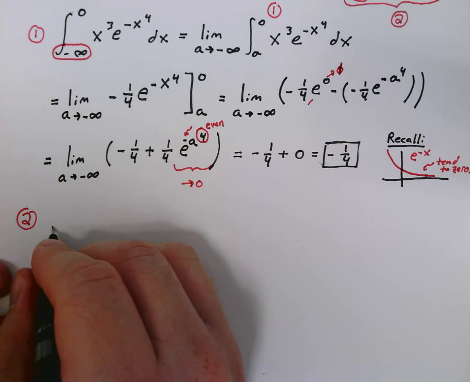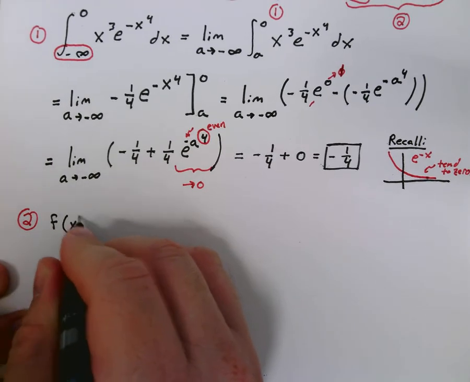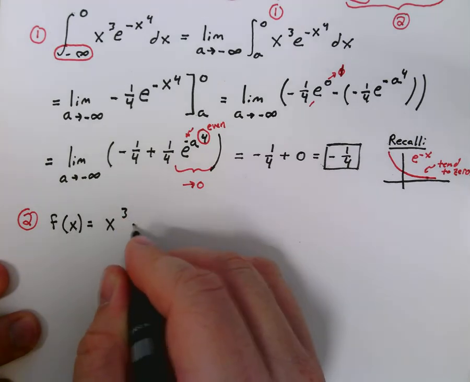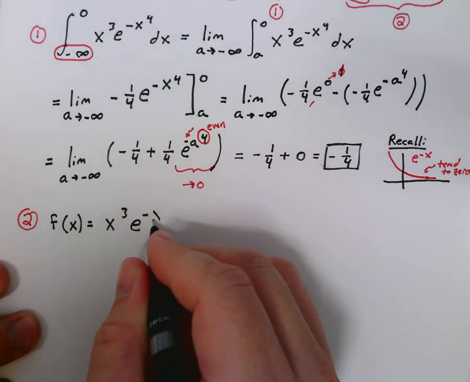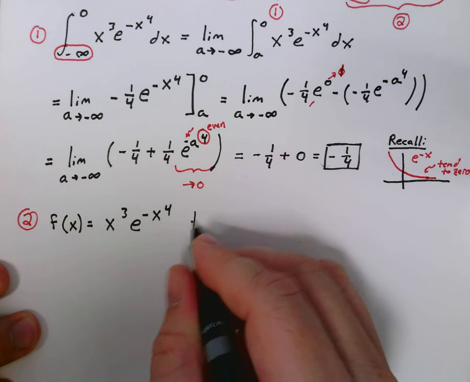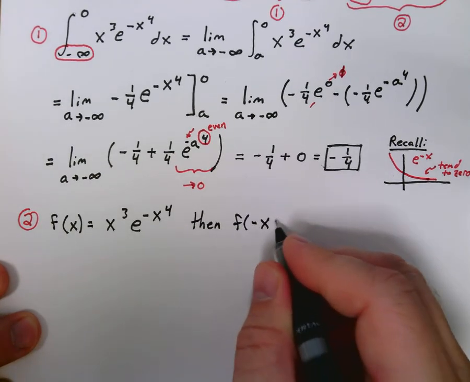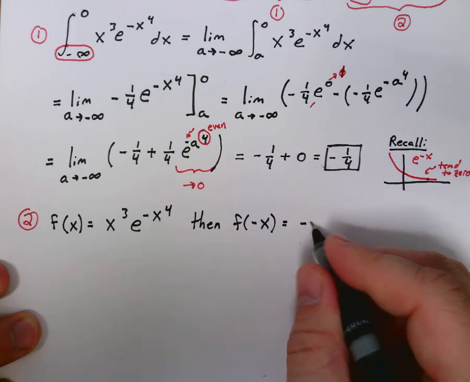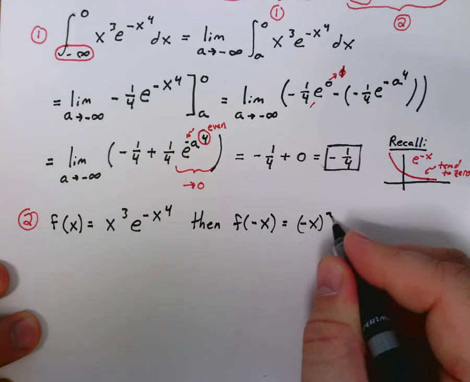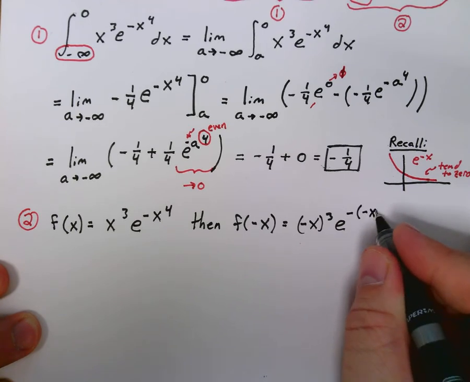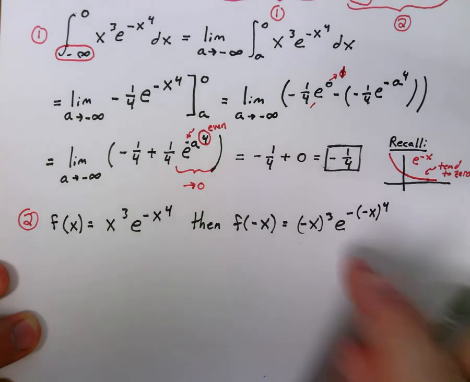So for example, if we have f of x is equal to x cubed e to the negative x to the fourth, then f of negative x is equal to negative x cubed e to the negative x to the fourth. Again, that makes it positive.